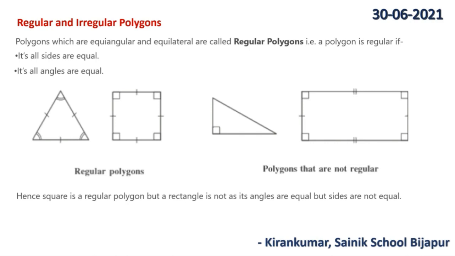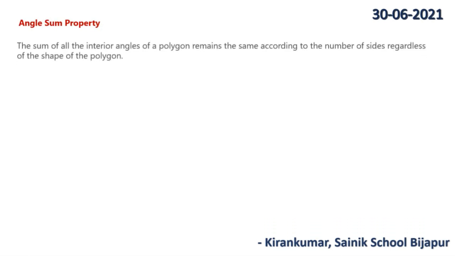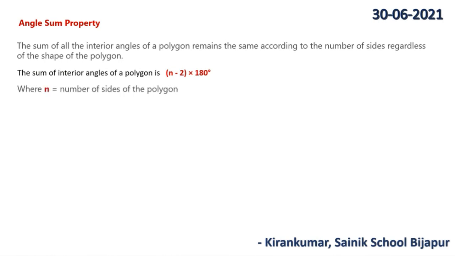Next we have the angle sum property. The sum of all the interior angles of a polygon remains the same according to the number of sides, regardless of the shape of the polygon. The sum of interior angles of a polygon is given by (n minus 2) times 180 degrees, where n is the number of sides of the polygon.